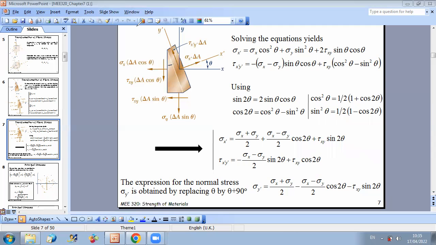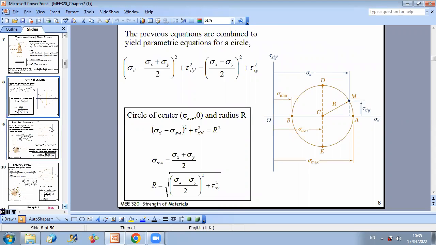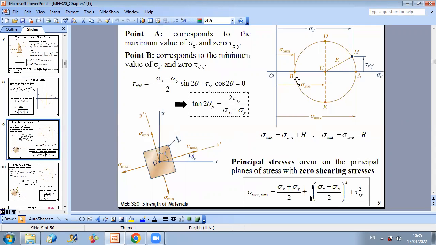So now, until now, we have seen that the state of stress can be plotted on a circle, and this circle has a certain center and radius that we can calculate as a function of sigma x, sigma y, and tau xy, which is the state of stress known in a certain frame.